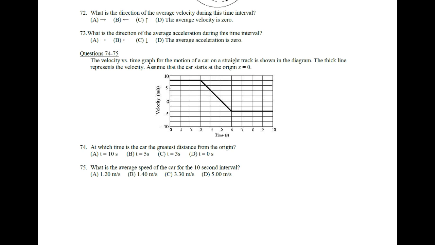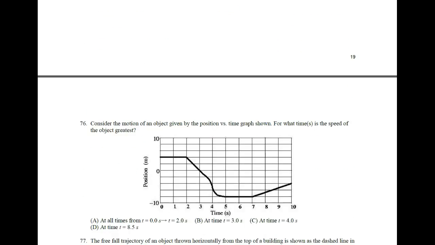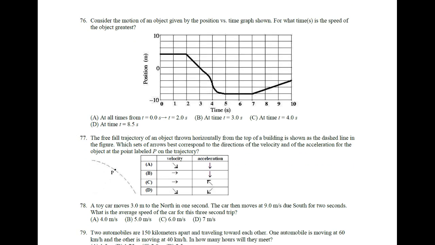So let's go ahead and take a look at the next one, which is number 76. This is a position versus time graph, and they want to know at what time the speed of the object is the greatest. For number 76, it is just the slope of the line, so it's going to be at time 4, because that's where the slope of the line is the biggest.